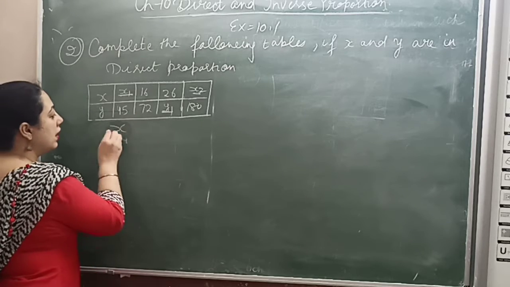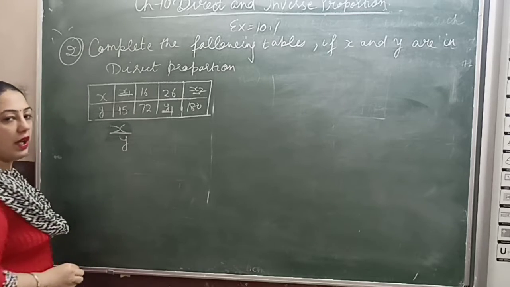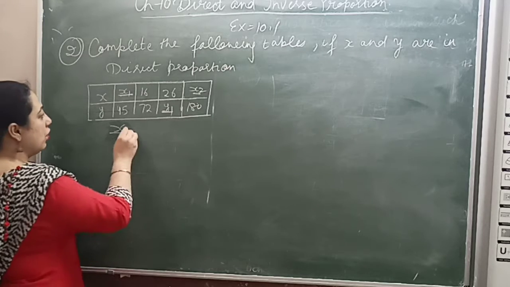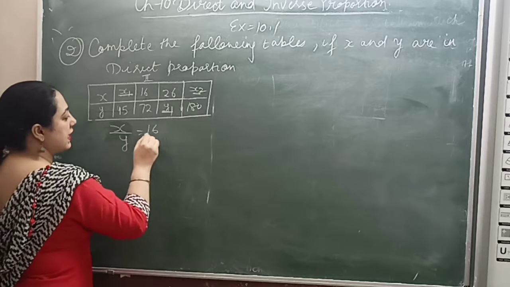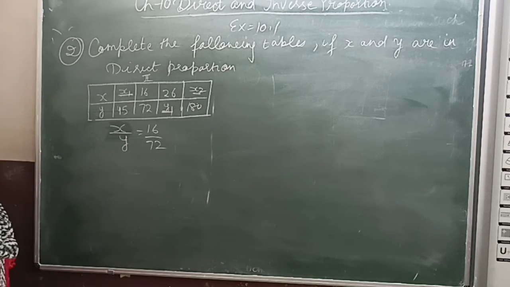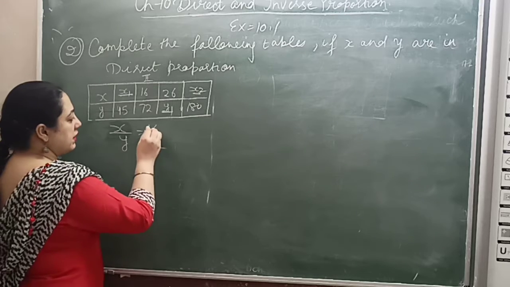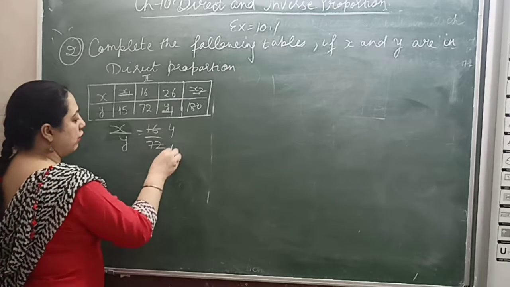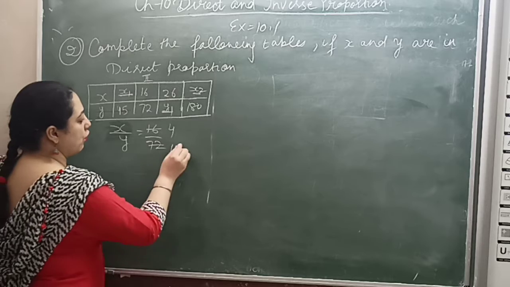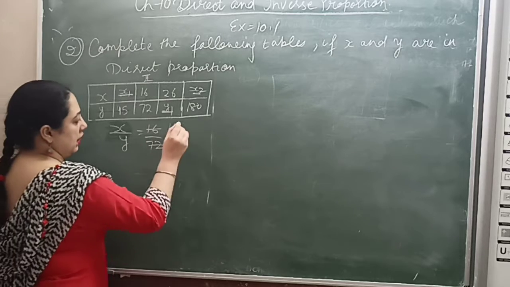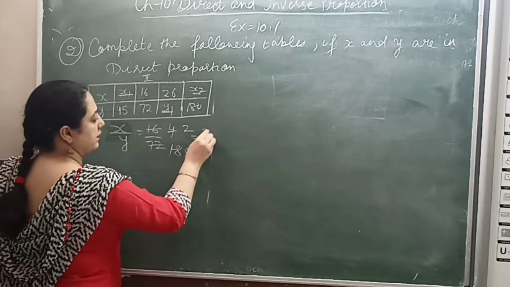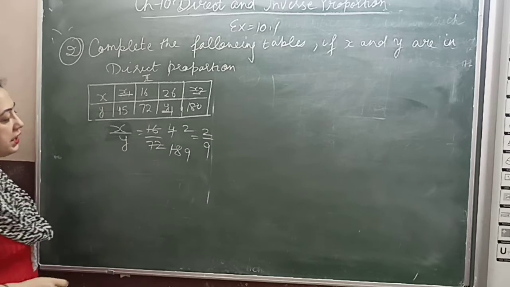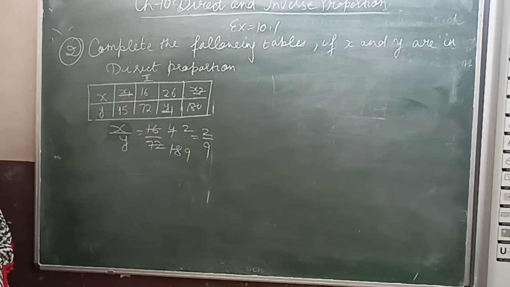Now we know in direct proportion x over y remains the same. So I will find x over y from the second column, 16 over 72. First of all, converting into the simplest ratio. We divide by 4: 4 fours are 16, 4 eighteens are 72. Again it is divisible by 2: 2 twos are 4 and 2 nines are 18. So we get the ratio 2 over 9.